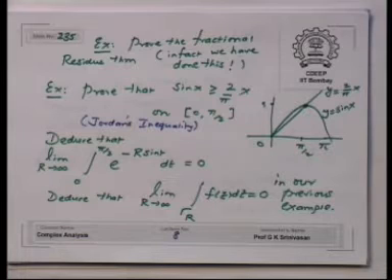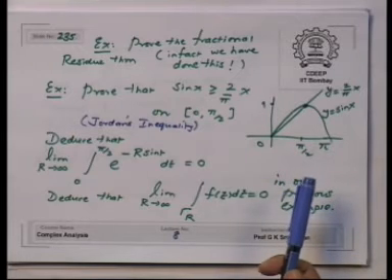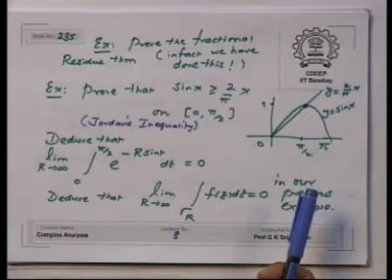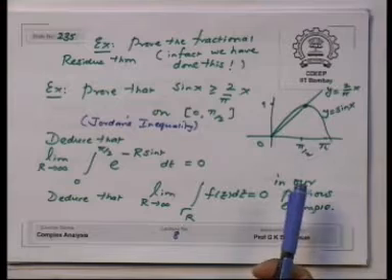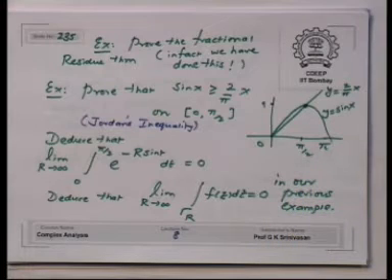Next exercise, prove that sin x is greater than or equal to 2 by pi x. This inequality is called Jordan's inequality. The picture explains very clearly how the proof goes. Sin x is a concave function, right.